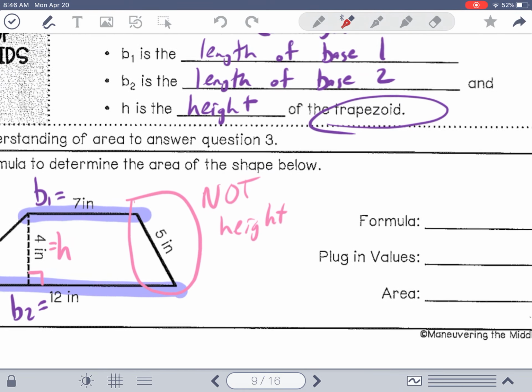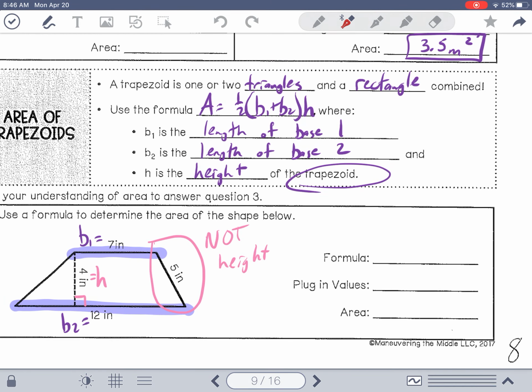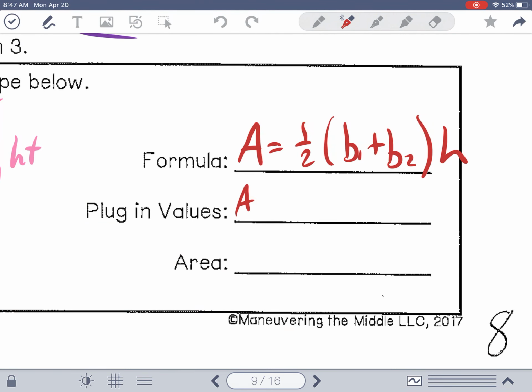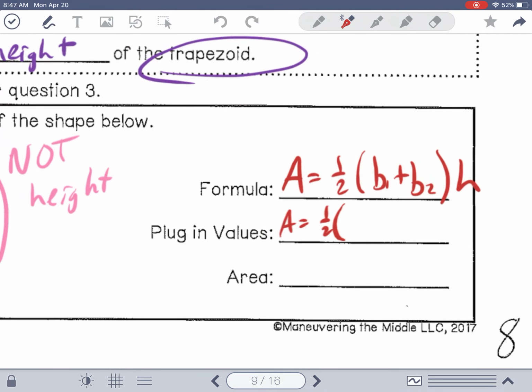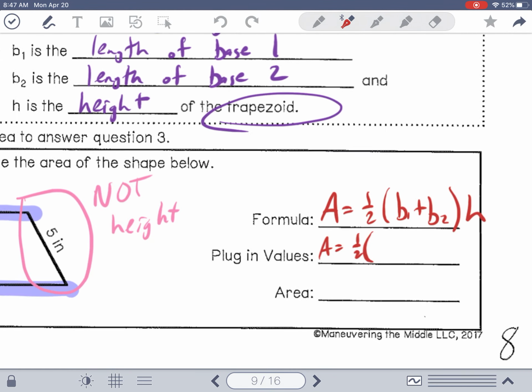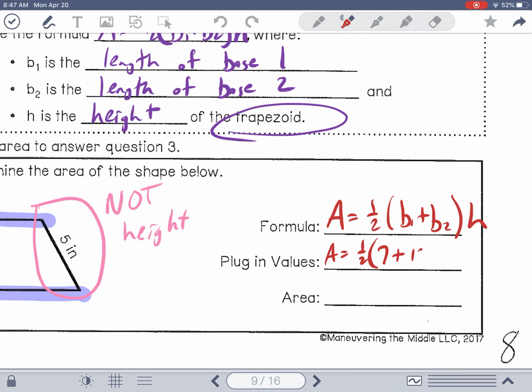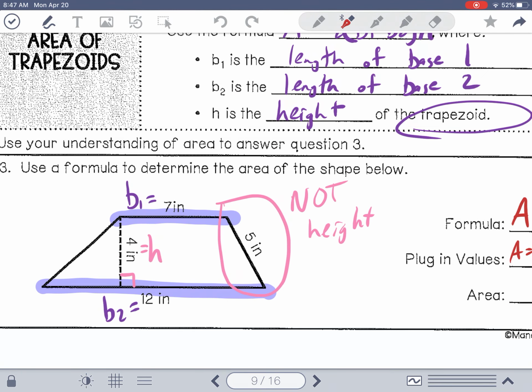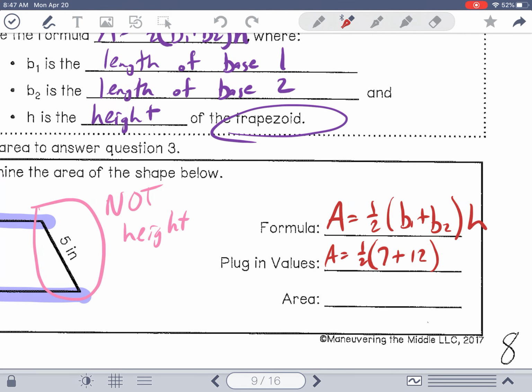Let's go on over and solve this problem. The formula: area is equal to 1/2 B1 plus B2 times H, which is that height. Let's plug in those values. Our area is equal to 1/2 of 7 plus 12 times H, which is 4.